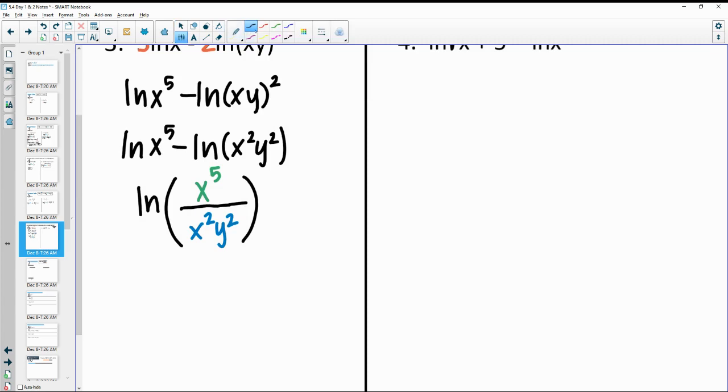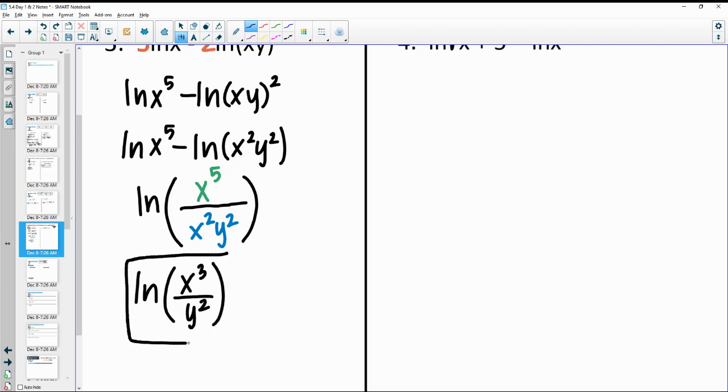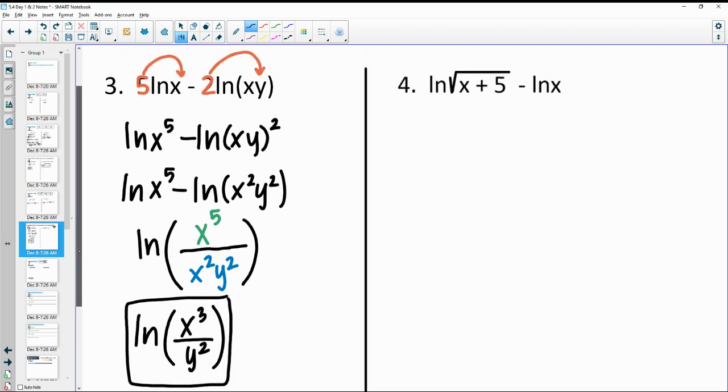Then you can use your algebra rules because we see that we have a factor of x to the 5th on top and x squared on bottom. So x to the 5th over x to the 2nd simplifies to x to the 3rd. And then we still have that y squared on bottom. So then this would be our final simplified condensed logarithm.